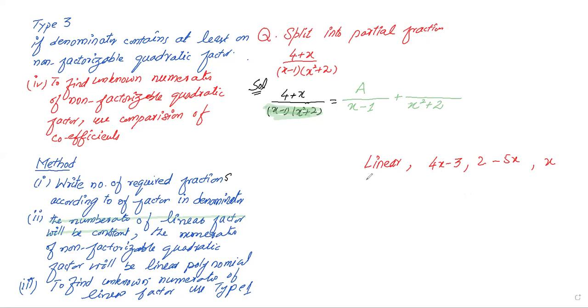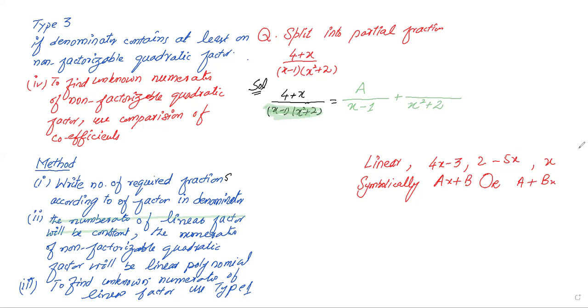Symbolically, to represent a linear polynomial, I have to write ax + b, or it's your choice, you can write it as a + bx. Now I will explain.